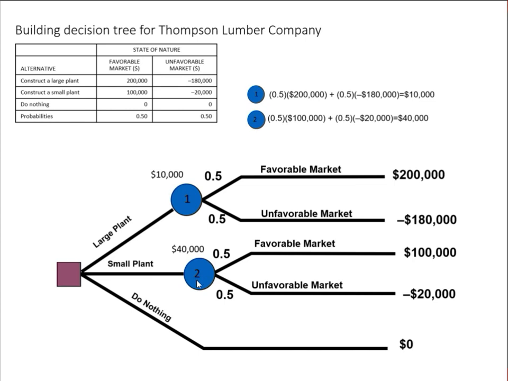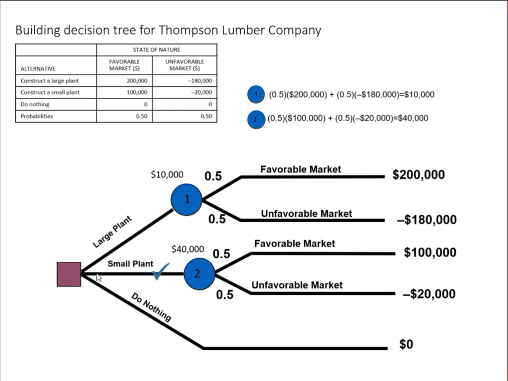And now at this point, I know the expected payoff of these two nodes. I can move to the left to analyze the node on the left, which is a square. So now knowing building a small plant is the best decision, I'm going to give a little check mark on this branch just to notify myself that this is the best decision for this decision node.